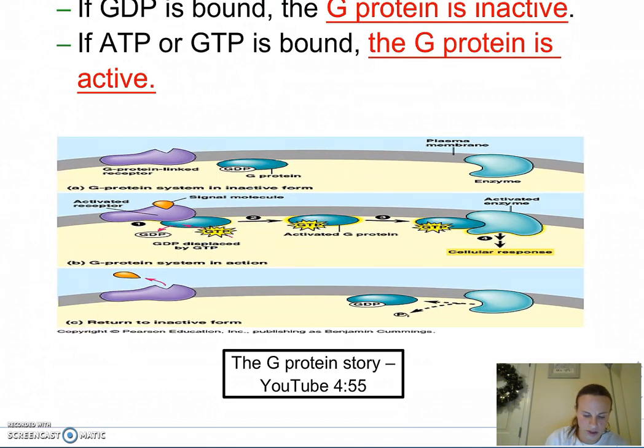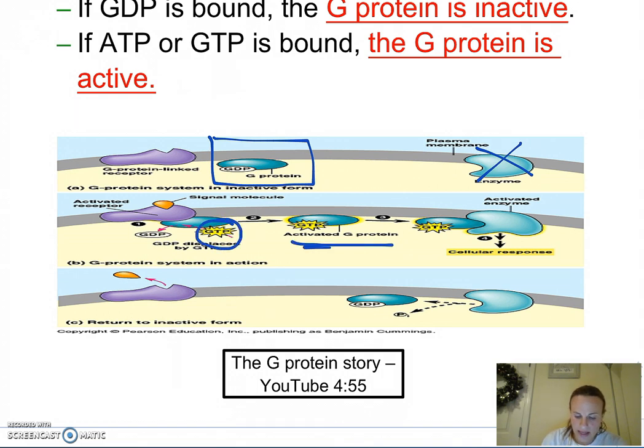So here we see GDP bound to the G protein, and in this case, our enzyme, our target, is not active. However, when GTP is bound to the G protein, that activates it, thus activating the enzyme and giving us some sort of cellular response.